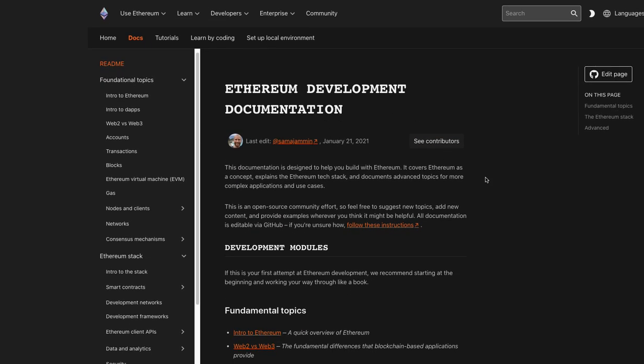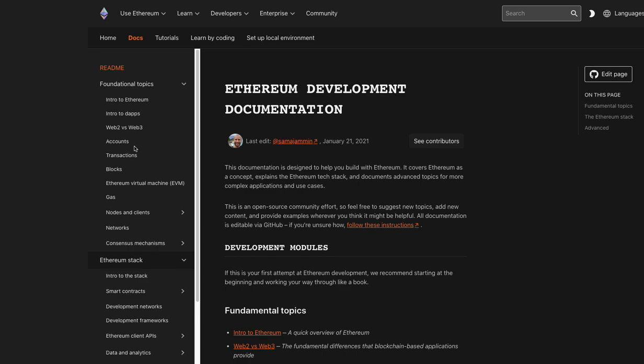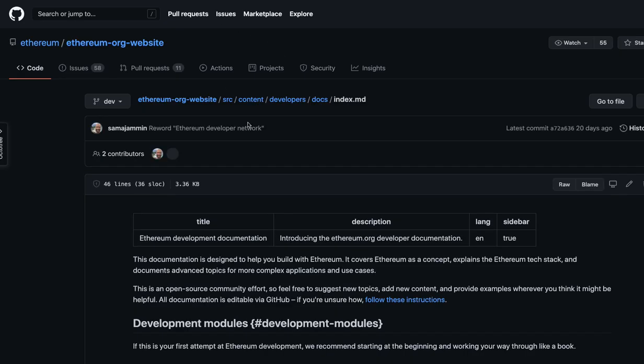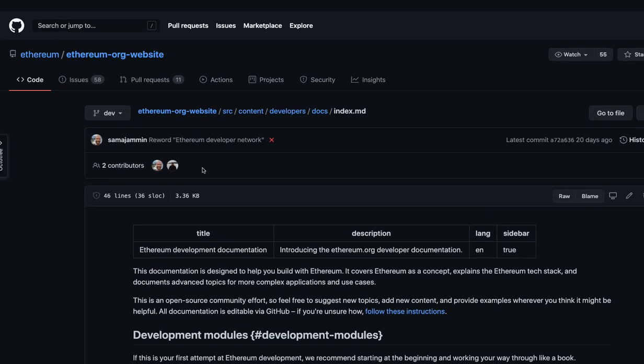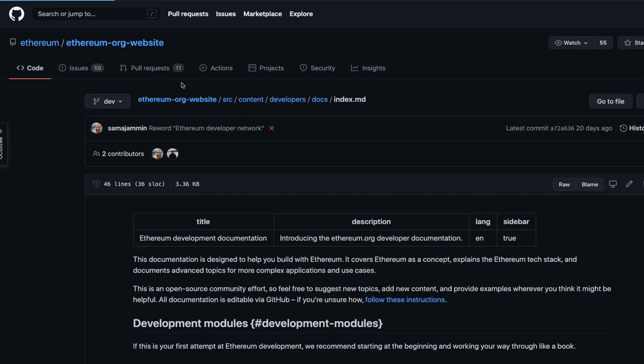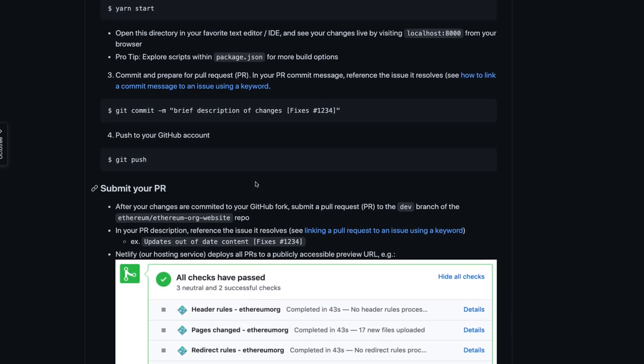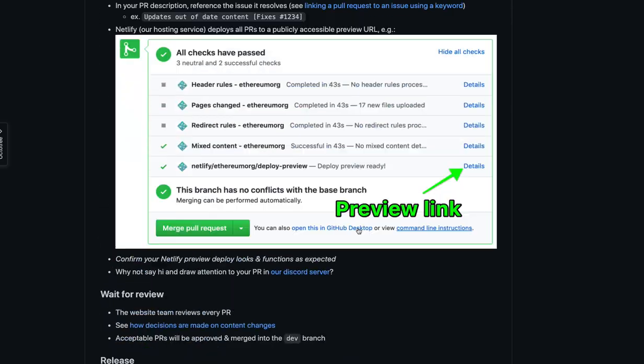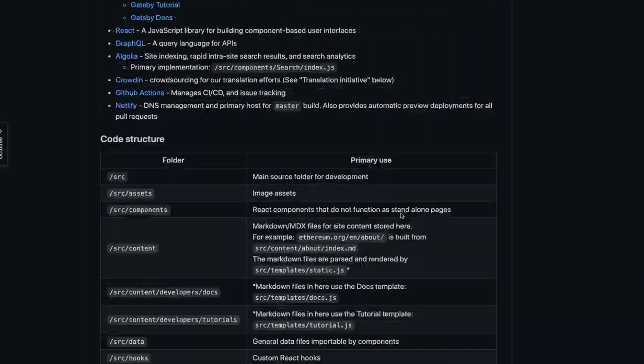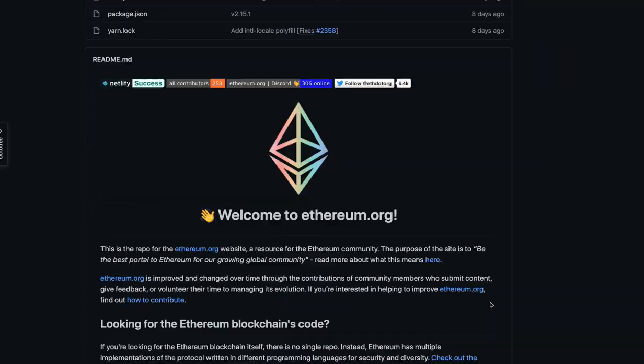And what I usually do is read the documentation alongside the code. So you go to GitHub, and you see here is the source code. This is their website. You should read all of this documentation and then check the code, and that's basically how it is.